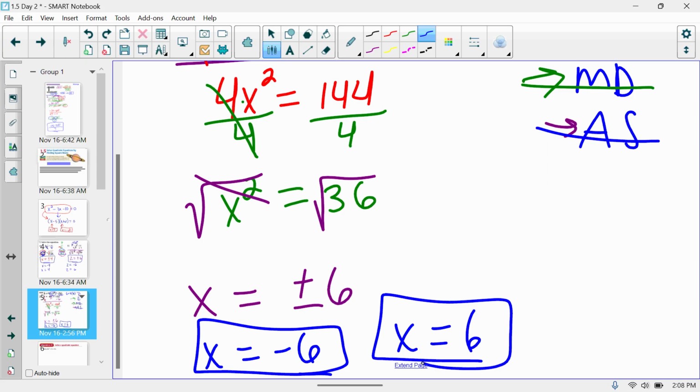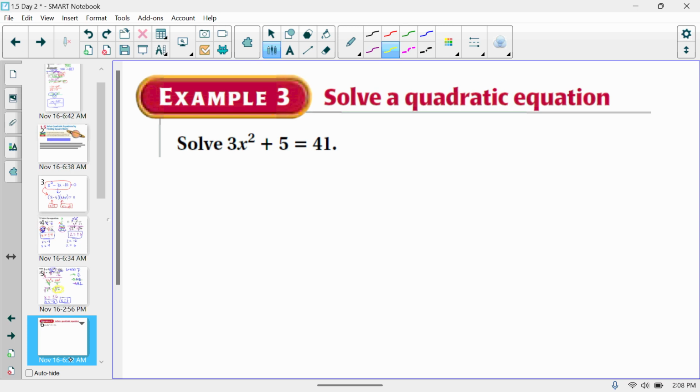All right, we're going to take it one step further, okay? So far on every question that I've given you, the number that we were taking the square root of was a perfect square. So it came out to be a nice whole number, 6, and its opposite, okay? The next one we're going to look at, the first couple steps are going to be the same still.